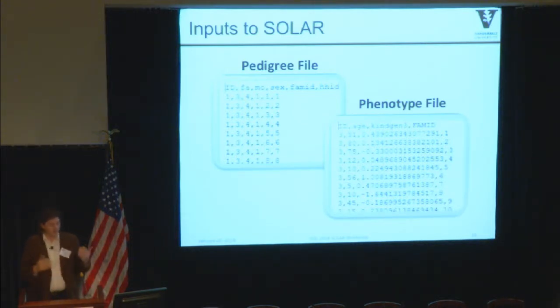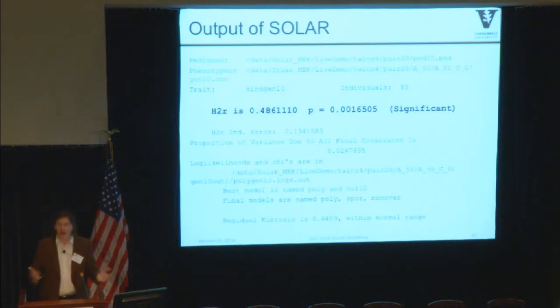And then we have a phenotype file, and that's the stuff we're measuring. So you can have a lot of people in the pedigree that you don't care about, and just specify the observations you have. And that goes in the phenotypes. And then the outputs of SOLAR are great little commands that say your heritability is 0.48, with a p-value, blank, it's significant, you write your paper and you're done.